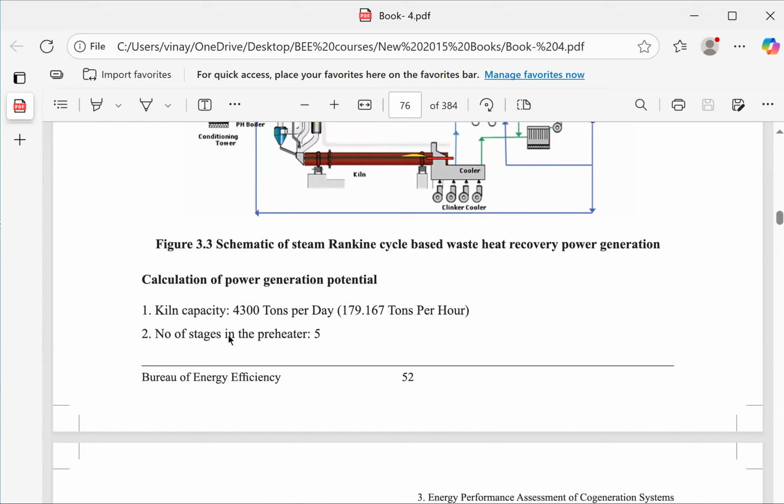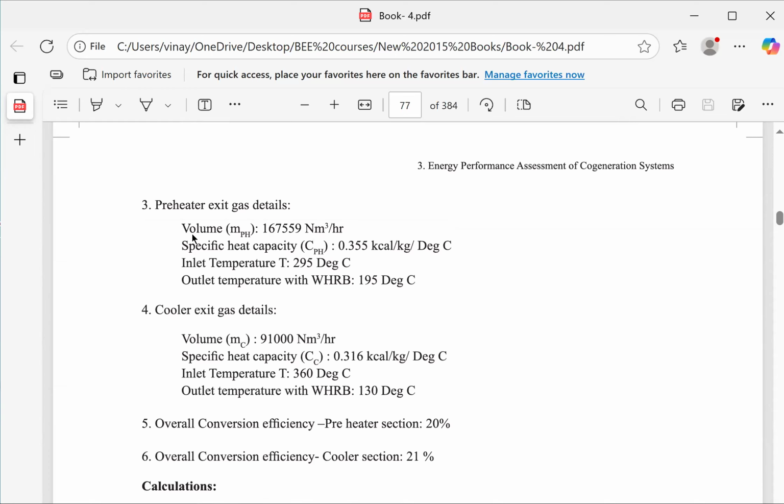So what details has he given? Kiln capacity, that means this capacity, 4,300 tons per day. He has immediately converted it into so many tons per hour. While calculating, you will have to convert these tons into kgs per hour. Number of stages and all that preheating you leave aside. Preheater exit gas details.